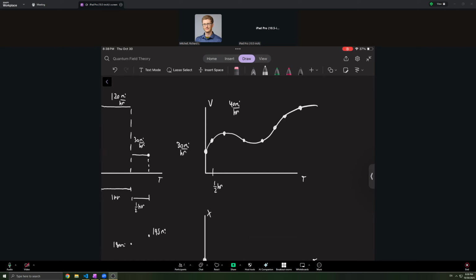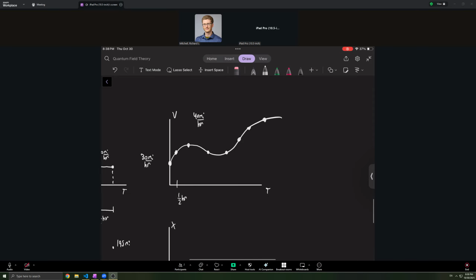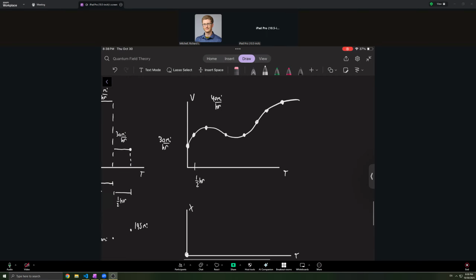What if we use the average of 40 miles per hour and 30 miles per hour? Which, of course, would be 35 miles per hour. And so, if we made a little rectangle here at 35 miles per hour, it's a good midpoint. It's a good estimate. Now, the estimate won't be perfect, but it will be pretty close, and it'll be at least something that we can deal with here.